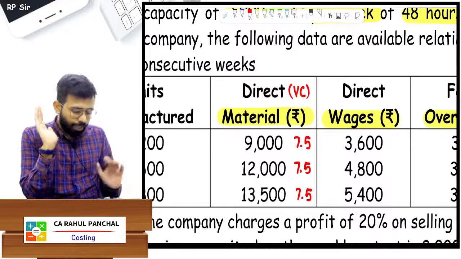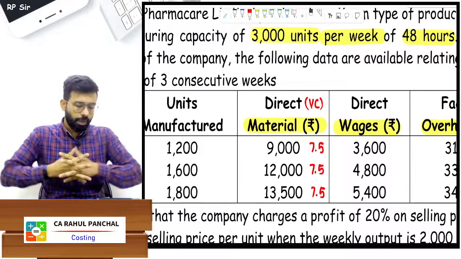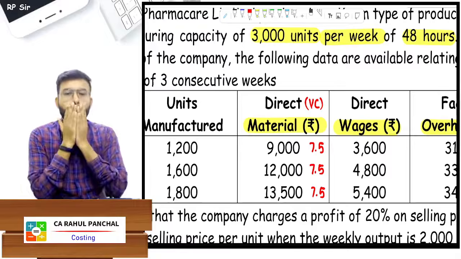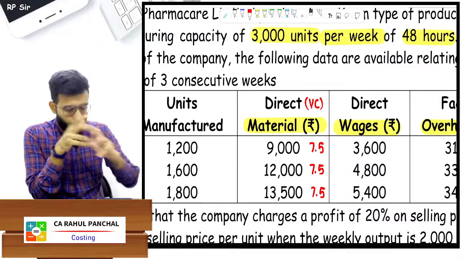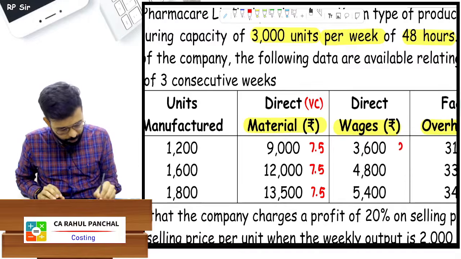Tell me about direct wages, whether it is variable or fixed. Make your calculations and just tell me. Sir, variable. Let's calculate: 3600 divided by 1200 becomes 3.